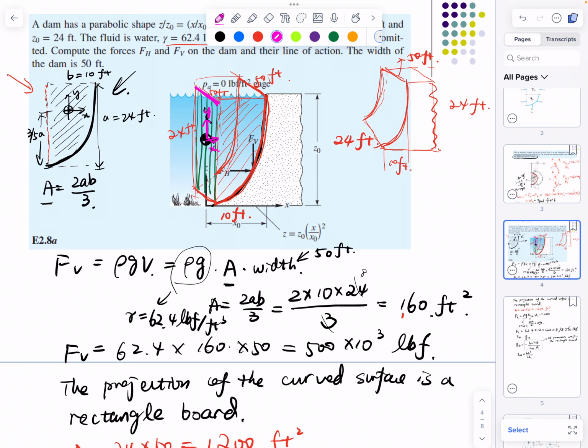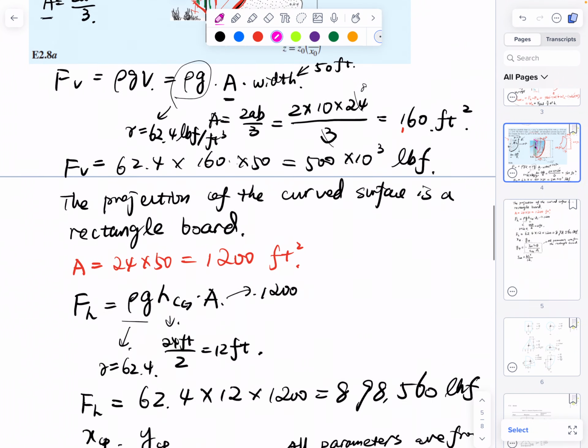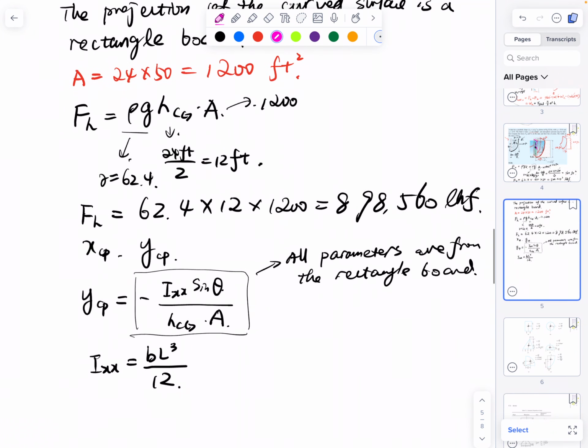I think I should draw my x in this direction to make it consistent on the figure. So your b should be 50 feet, and your L is 24 feet.